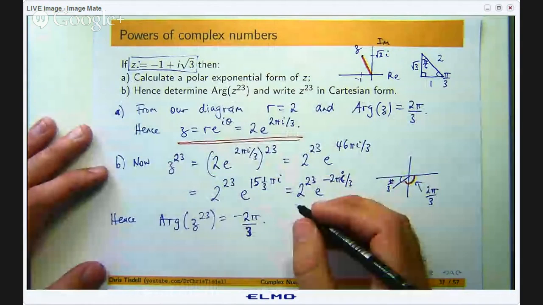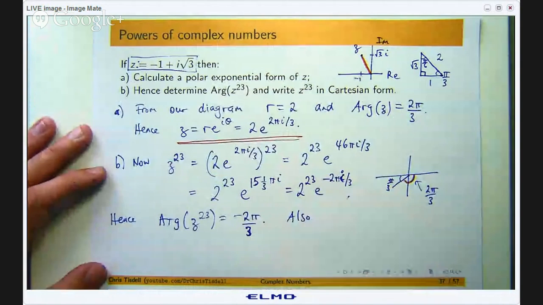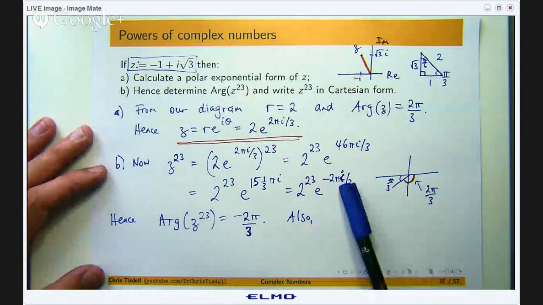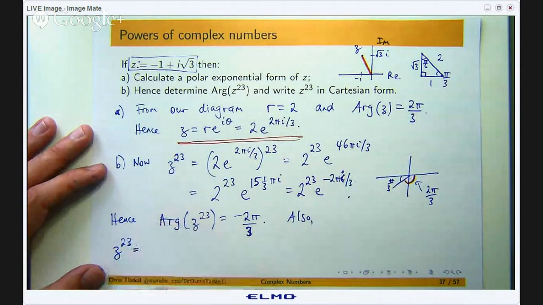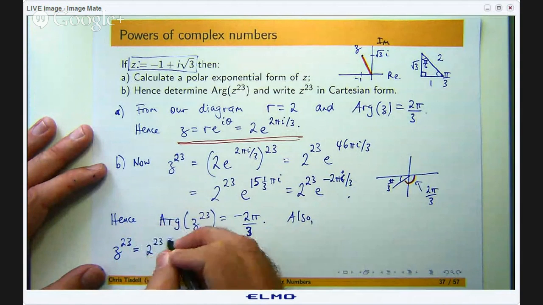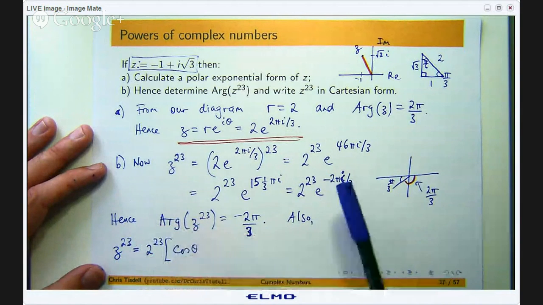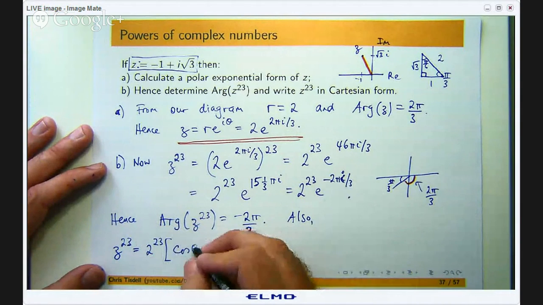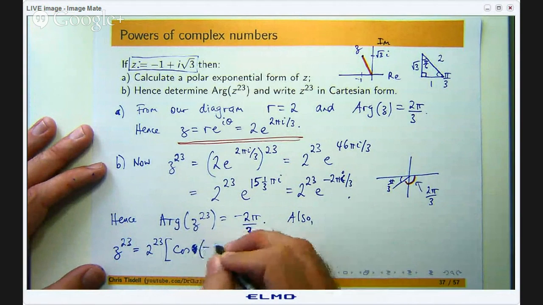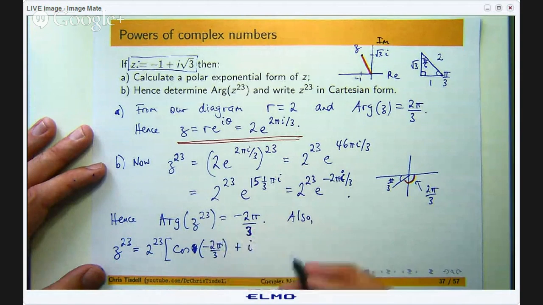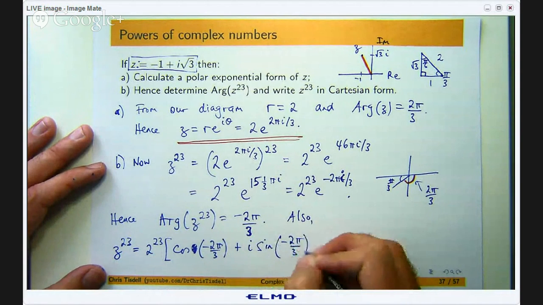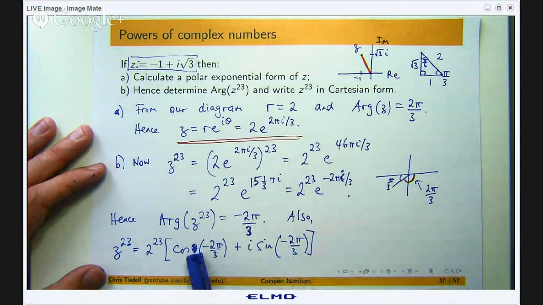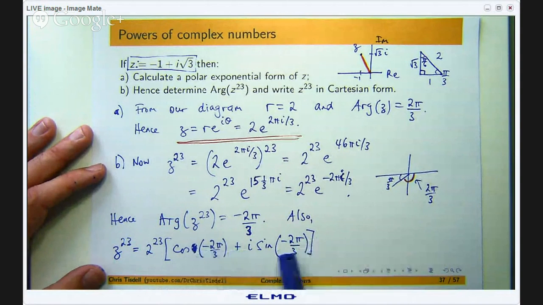So let's replace this with our cosine and sine. So it'll be the cosine of negative 2 pi on 3 plus i sine of negative 2 pi on 3, and then all we have to do is simplify these things and work out what they should be.